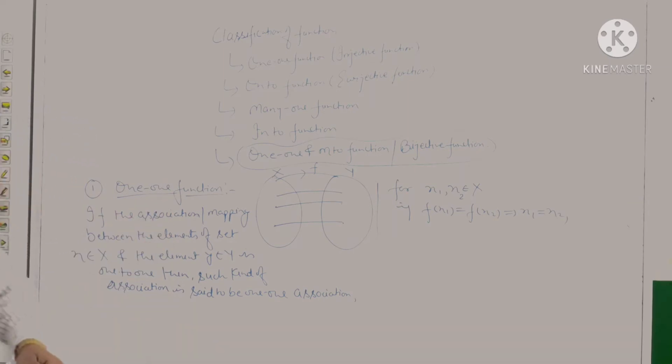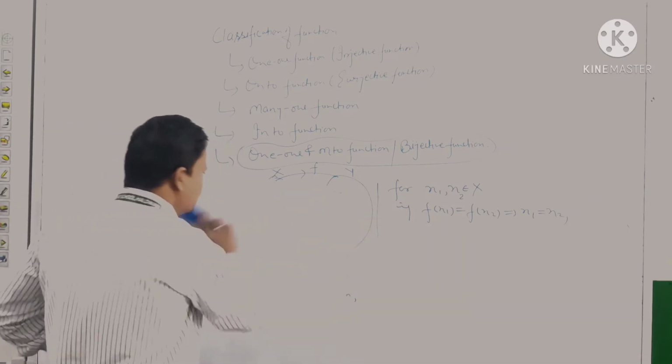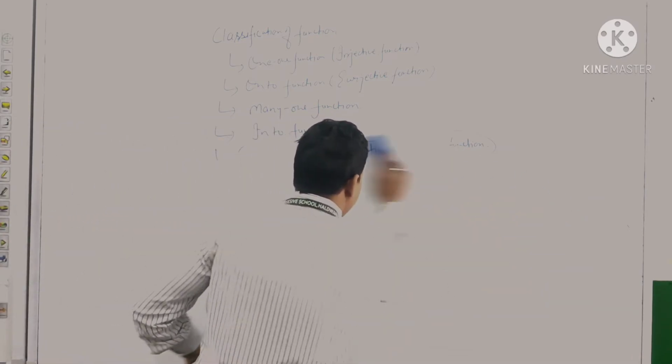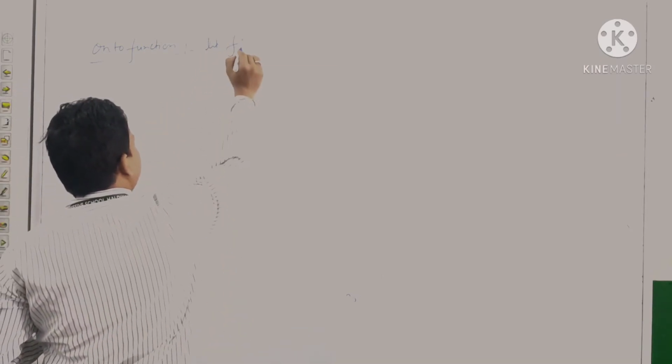Now we will talk about onto function. This is another important function. So basically the definition of onto function is: let f be a function from set x to set y.